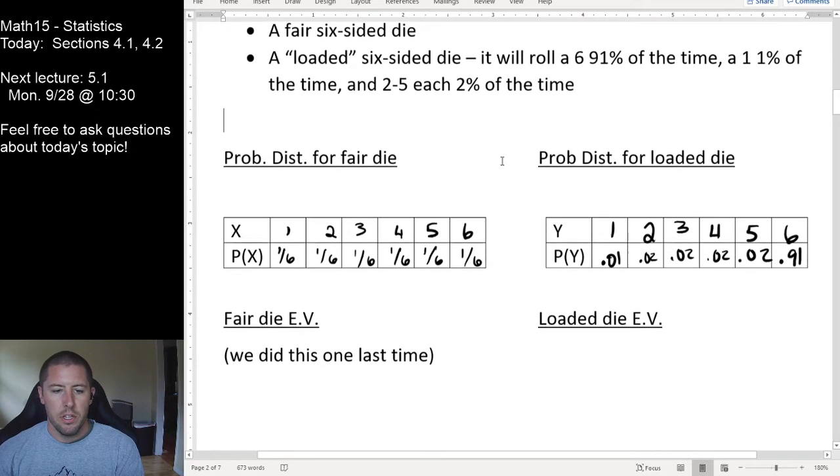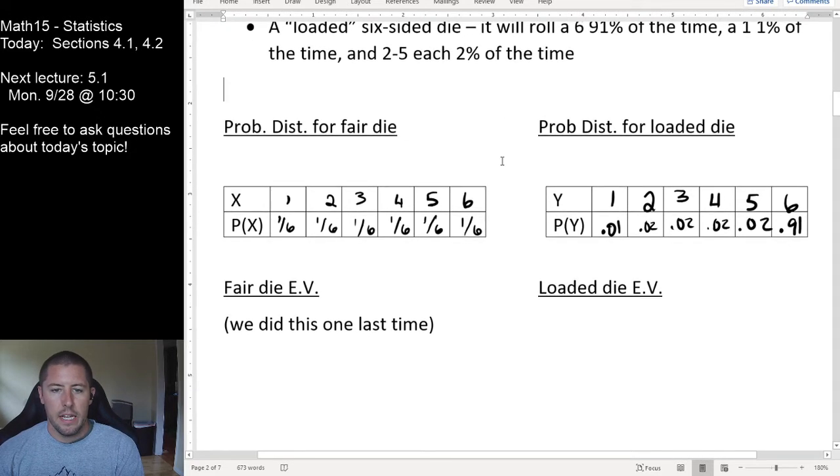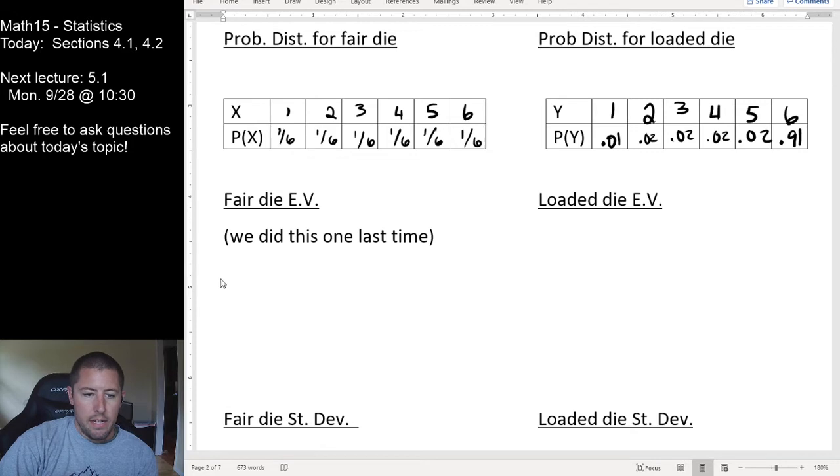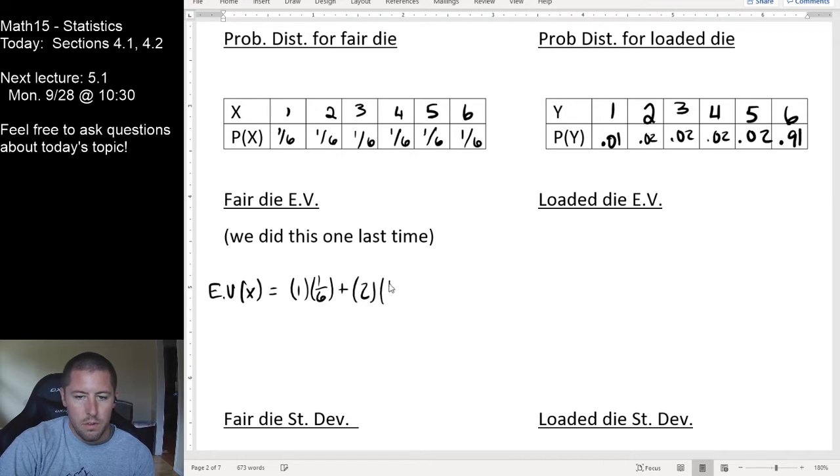And so what we want to do is look at the expected value and the standard deviation associated with each of these probability distributions for these dice. We saw last time exactly what we were going to get here. Our expected value for x here, we did this, we had the value of 1 times the probability of 1/6. Value of 2, probability of 1/6. Value of 3, probability of 1/6.